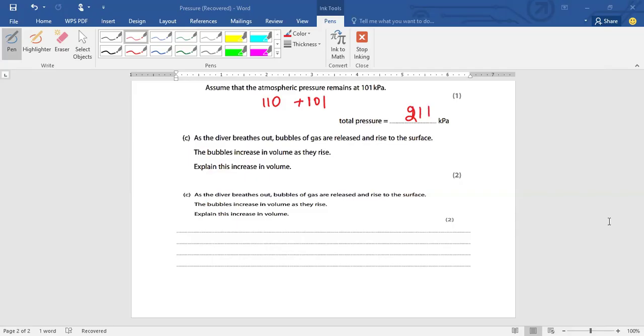The bubbles increase in volume as they rise. Explain this increase in volume. It is because the pressure decreases. As the pressure decreases, the volume increases, and this is how you can continue to write.